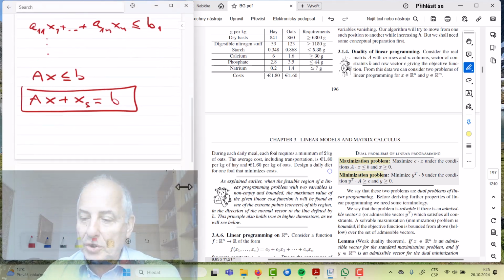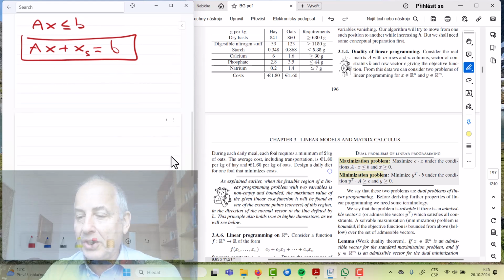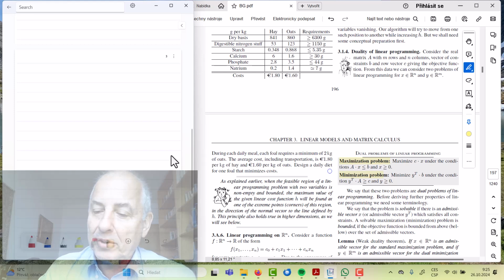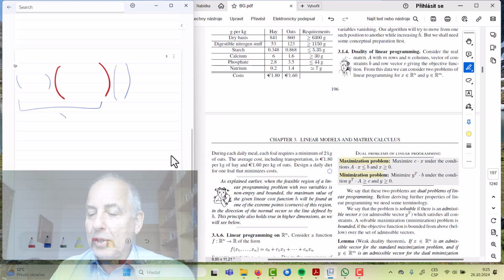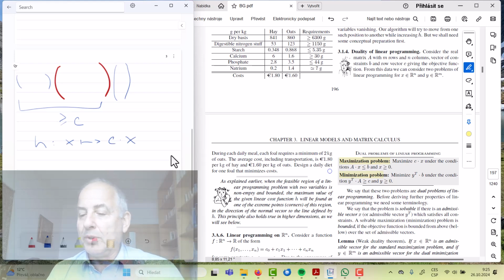I draw it as a picture just to notice what it is. It's quite straightforward. You have the matrix here, and you either can multiply the matrix from the right by a vector, or you can multiply it from the left by a row. So here a column, here a row. And then I either take this part and say that it's bigger than c, where the original linear form was sending x to c times x, right? c is a row and x is a column.